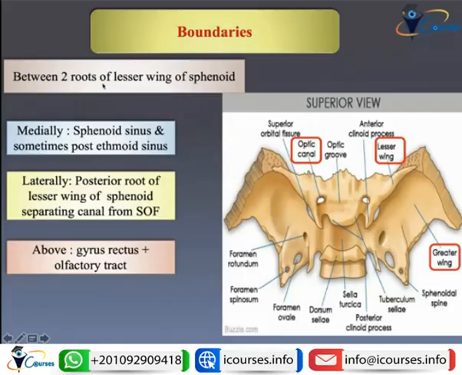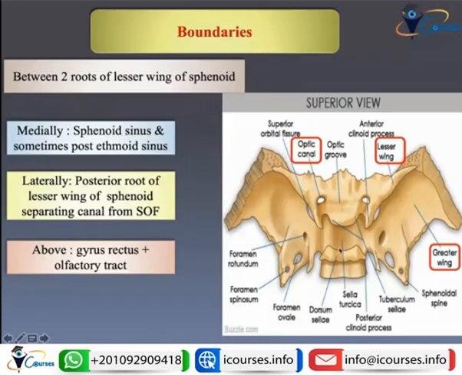It will be the two roots of the lesser wing of sphenoid. This is the anterior root, and this is the posterior root. The optic canal will be located between the two roots of the lesser wing of the sphenoid.